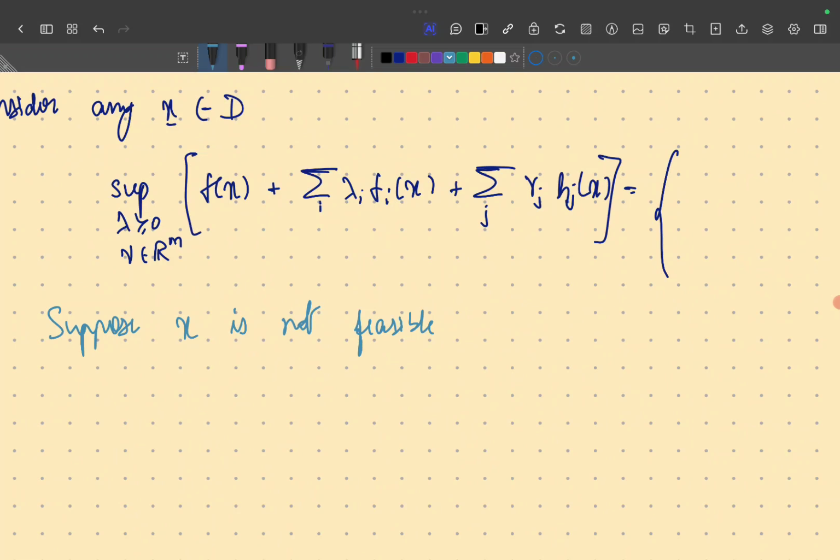So when I say x is not feasible, it means that there exists i such that fi of x is strictly greater than 0, or there is some j such that hj of x is not equal to 0. So what can you say about this supremum for a given x?